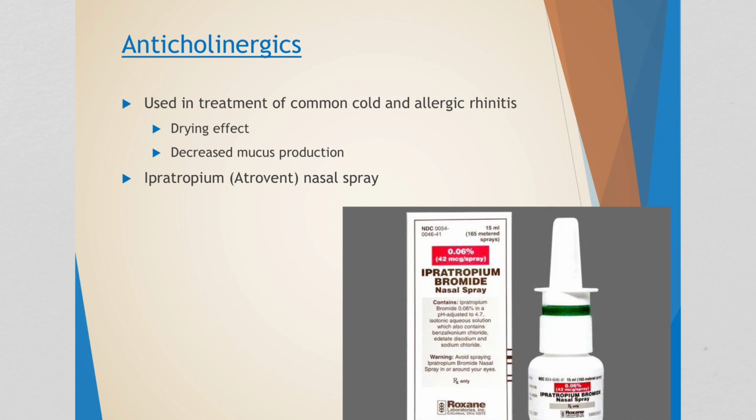So in essence, what we see is a drying effect in the nasal pathway because of a vasoconstriction moment, but we also see a decrease in mucus production. The only anticholinergic that we'll talk about and that is utilized in the field of athletics is Atrovent, which is a nasal spray. So you can see that down here. Patients press the nasal spray into the nasal pathway.